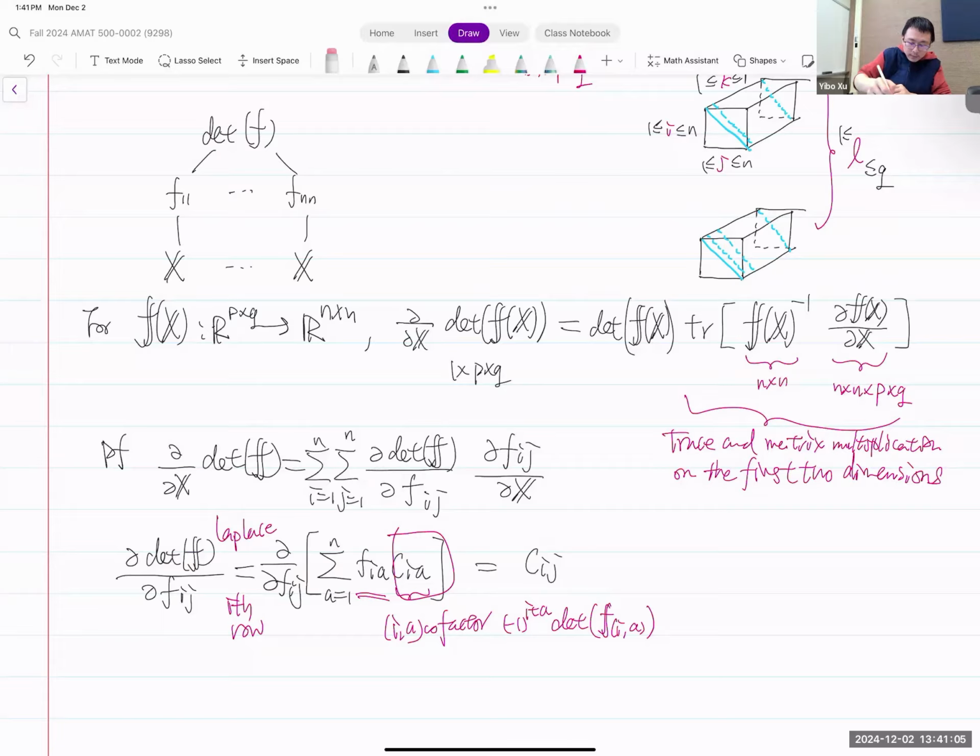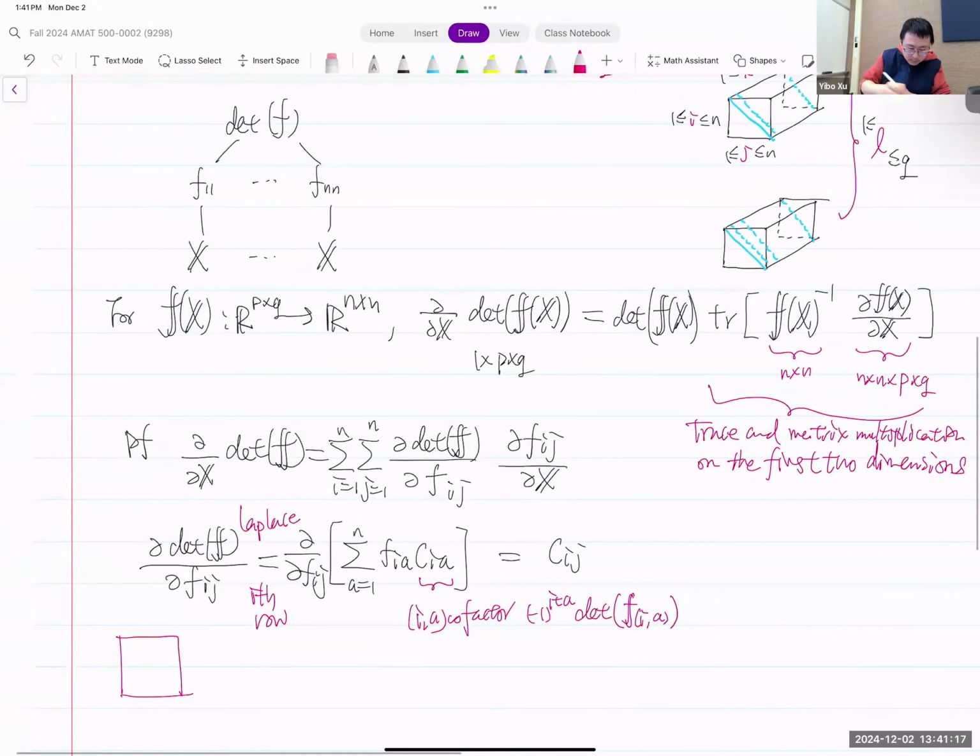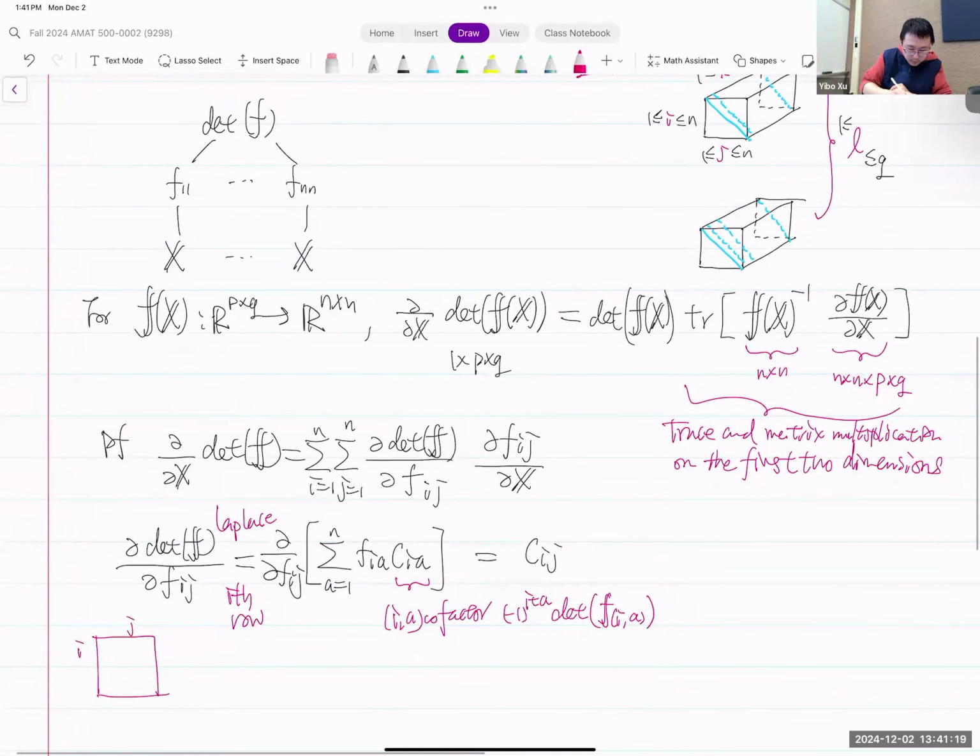And Fij now, for the illustration, is in a square matrix, right? So my ij element is possibly here, and I'm running through the ith row. Only the circled element is changing, and I'm doing the expansion along this row.